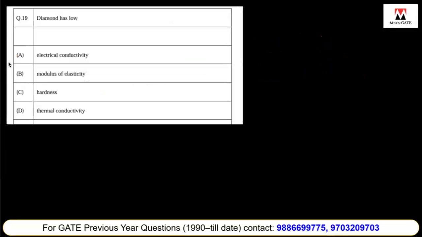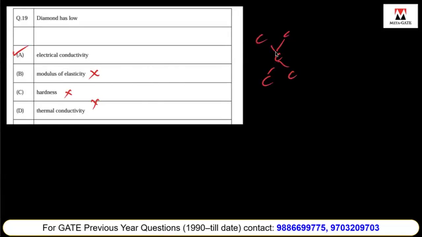Diamond has a low electrical conductivity, modulus of elasticity, hardness, and thermal conductivity. The diamond has lower electrical conductivity. It's not modulus of elasticity, hardness, or thermal conductivity, because for electrical conductivity, diamonds are excellent electrical insulators because they lack free electrons to conduct electricity.